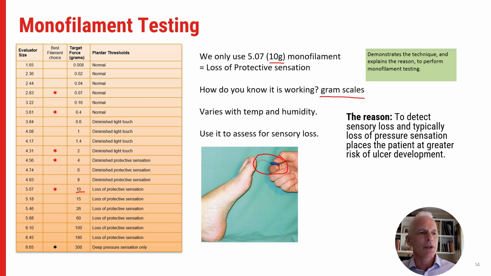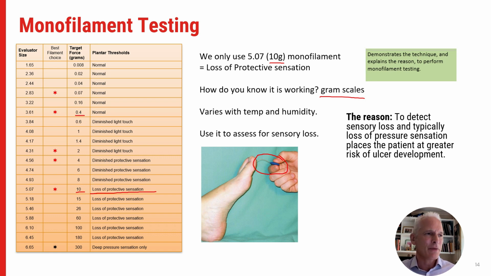But the key here is also the fact that 10 grams of pressure, when you cannot feel 10 grams of pressure, that indicates that you're likely to have lost your protective sensation. Now, this is not a measure of normal sensation. If you have normal sensation, generally you should be able to feel 0.4, less than 1 gram of pressure against your skin.